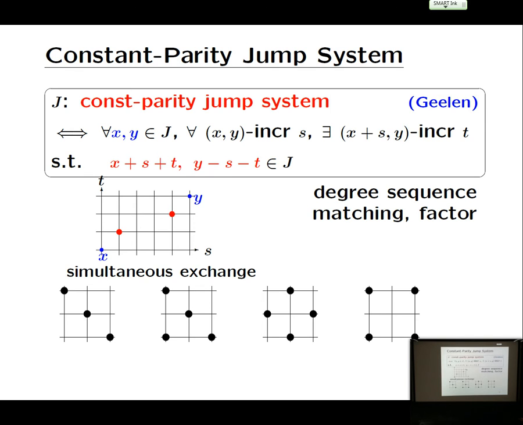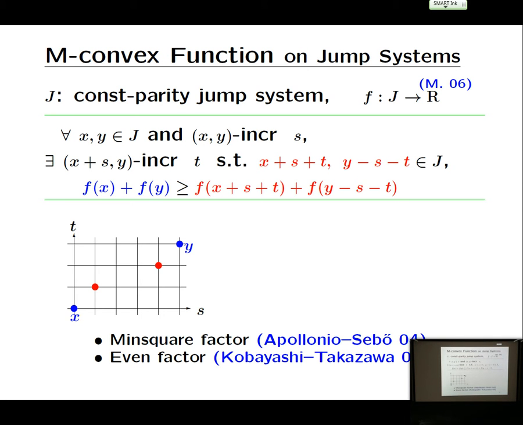That's it here. So if we take x and y in the jump system, and we know that we can exchange if that is a constant parity jump system, then we impose this condition for it to be an M-convex function on a jump system. And it has a motivation from the paper by Apollonio and Sebő about the mean square factor problem.